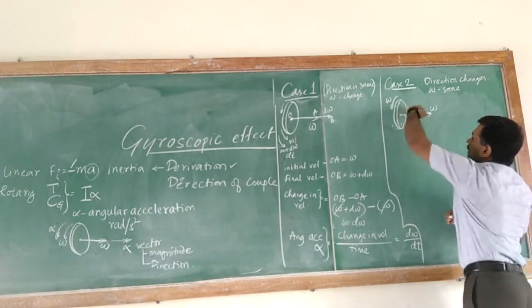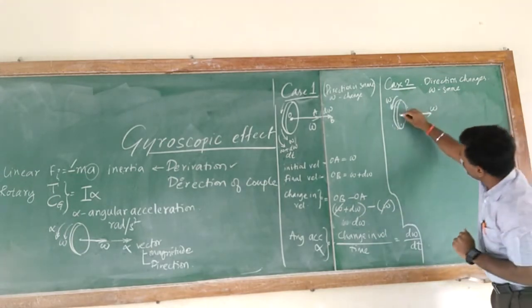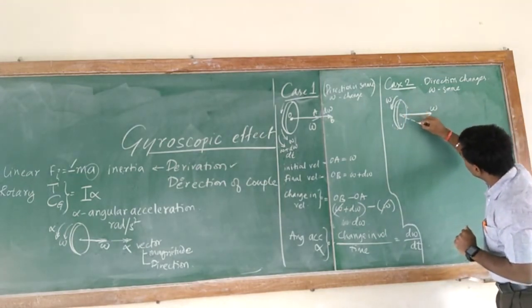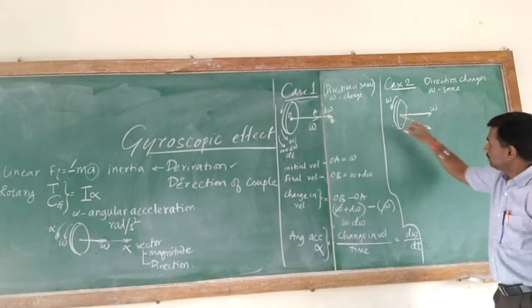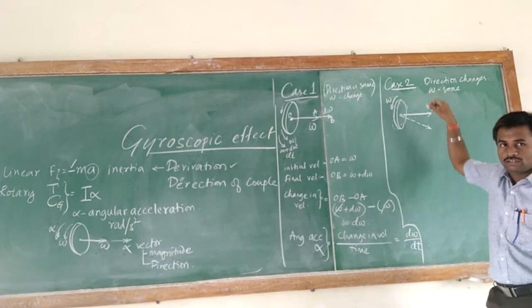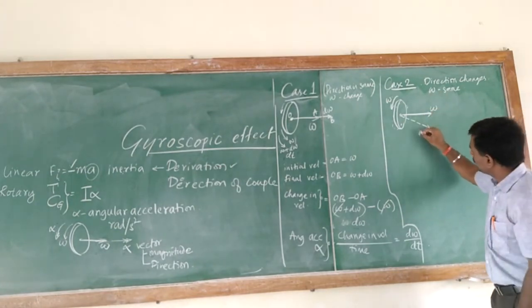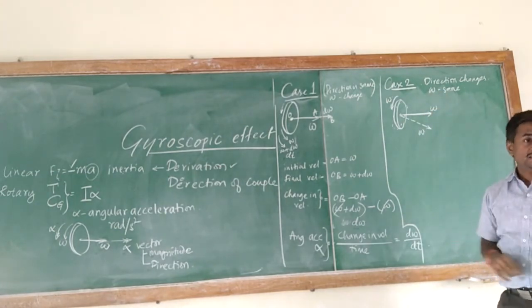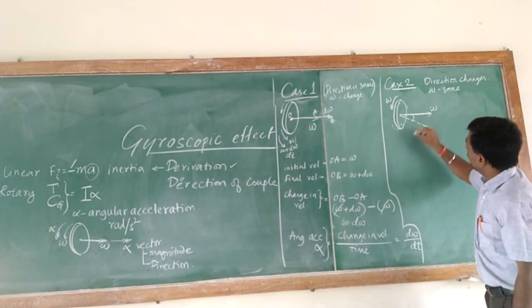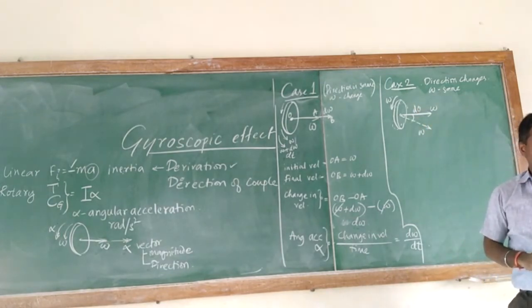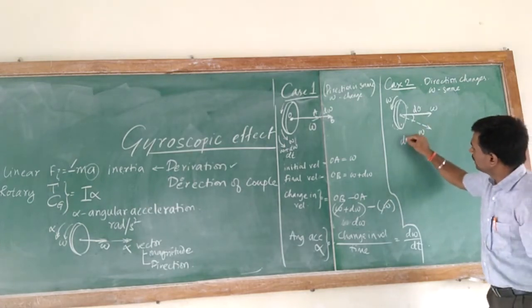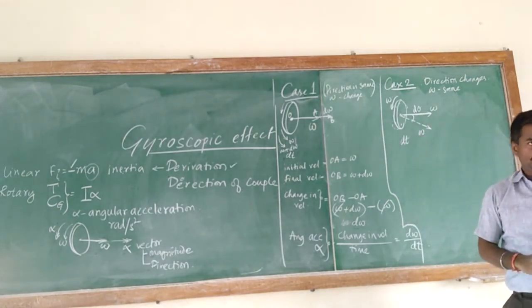It has rotated a little. The length will be same because angular velocity is same. Direction has changed. So let us say the angle is a small angle d theta. Time taken for this change is again dt.